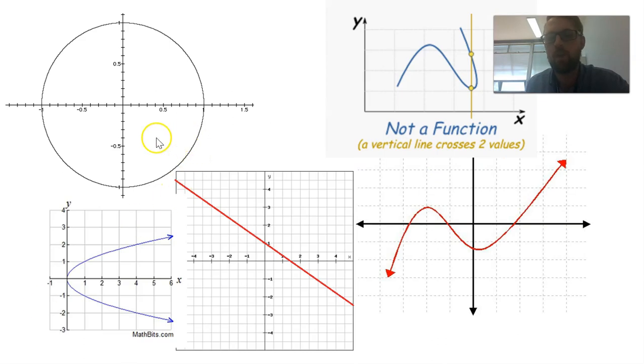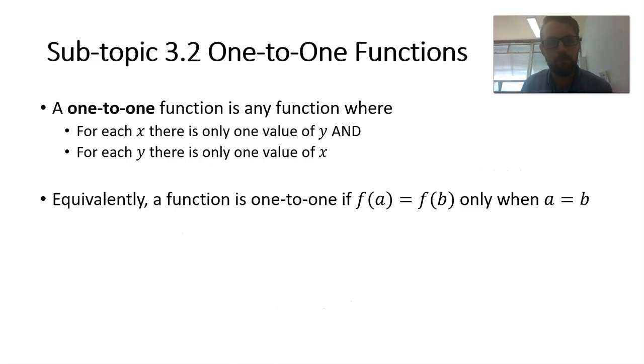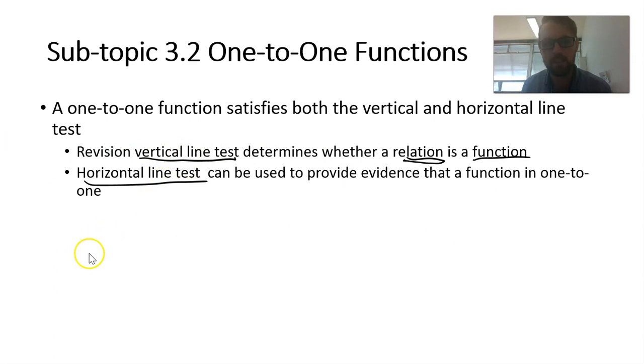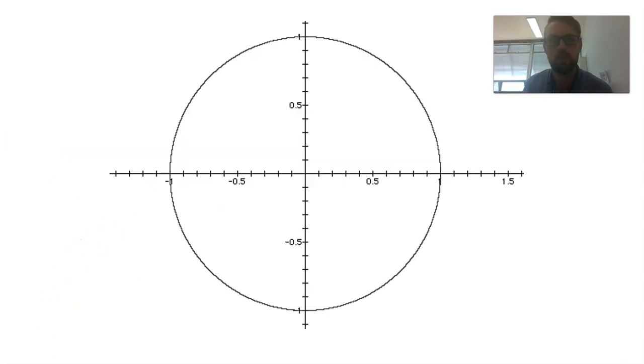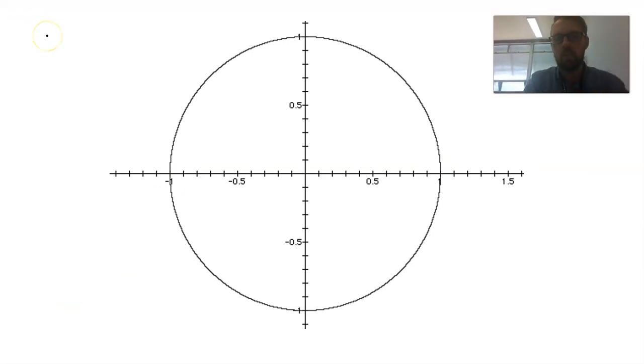Okay, so what I've done is I've grabbed a whole bunch of different relations and let's have a look at them individually. Okay, so we've got ourselves a relation. It's a circle here, it's on a set of axes. We're going to use our first one, which is our vertical line test, to determine whether it's a function. So what that means is if we draw a vertical line anywhere, it should only touch the graph once.